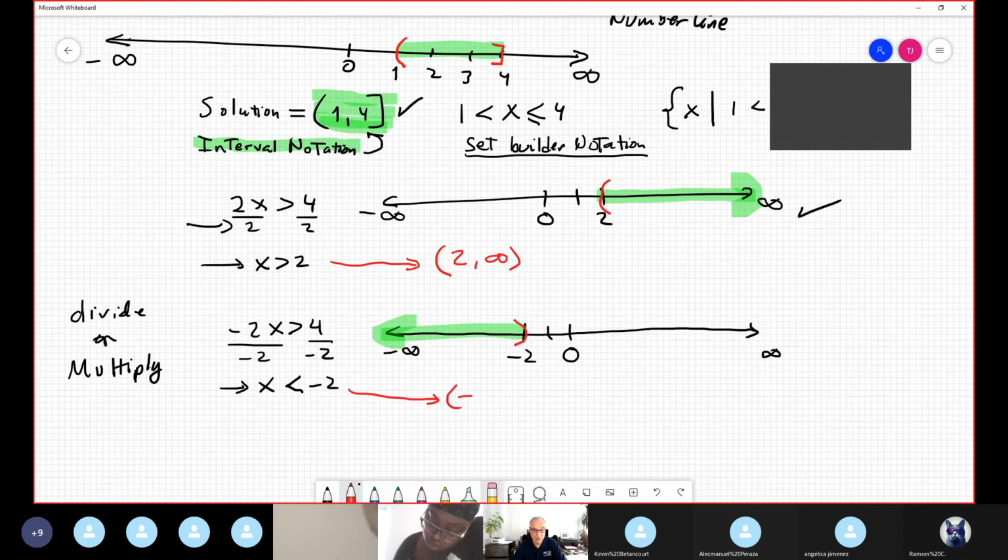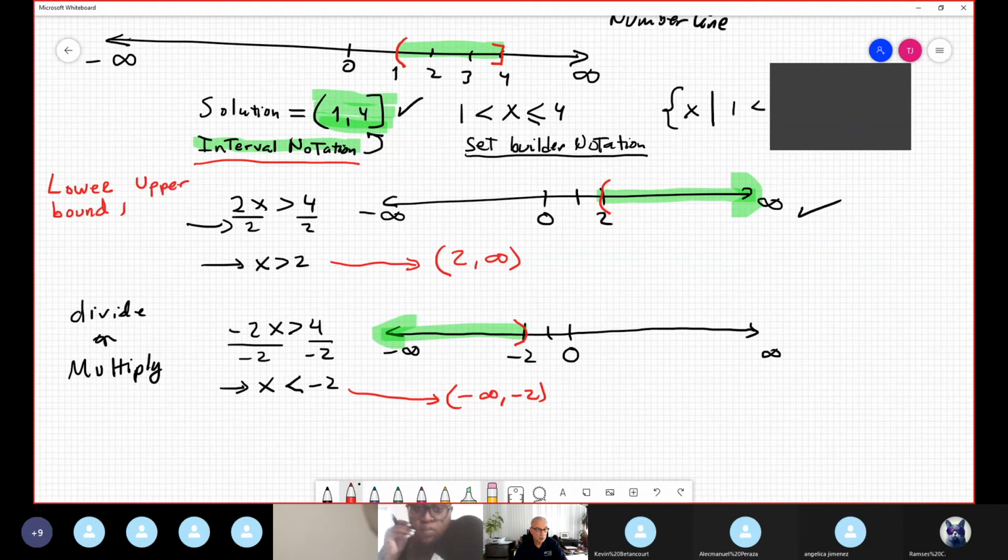So what is the solution in interval notation? Well, it is from negative infinity, comma, negative 2. Do you see something, guys? When you express an interval notation, you open a parenthesis or bracket, and you copy one number or symbol first, the lower bound, comma, the upper bound, in that order.